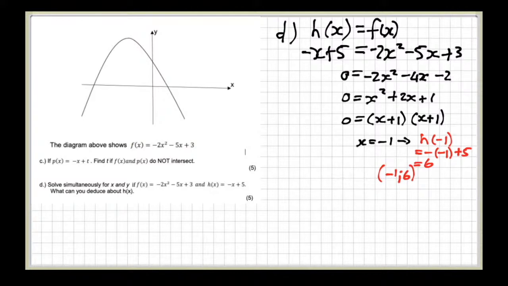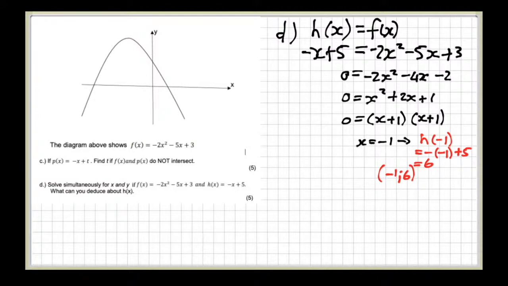Now, did we answer the question? Not really, because the question consisted of two parts. The first part was solve simultaneously. The second question was, what can you deduce about h of x?